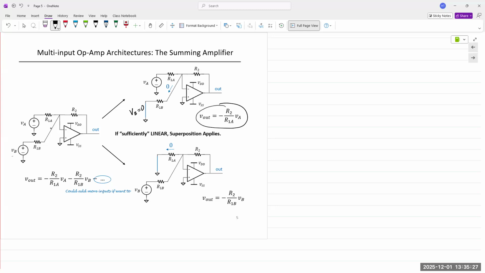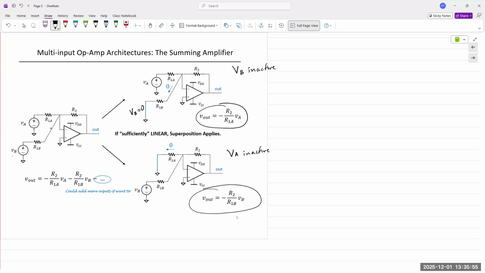Now V_B will be active and V_A inactive. So when V_A is inactive, the output is a weighted sum of V_B, R2 divided by R1B.